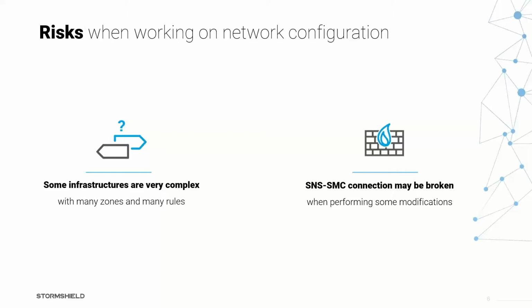For some of the users, the infrastructure can be very complex with many zones, many rules, and when playing between the firewalls and the network firewall, you can experience some problem of the connection, which could be broken when performing some modification.